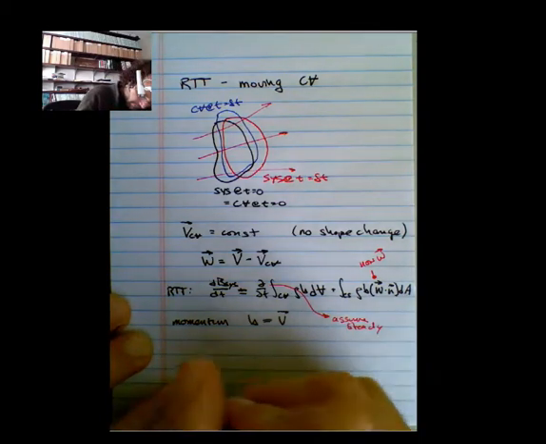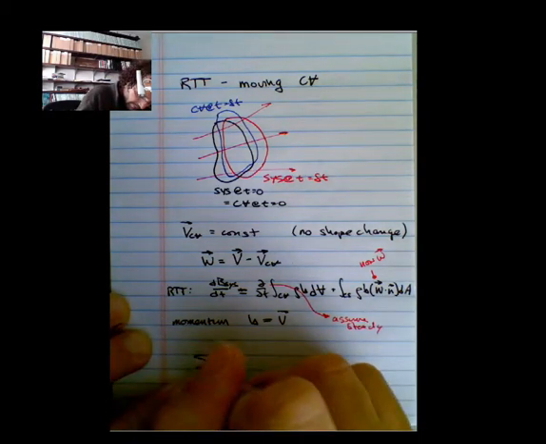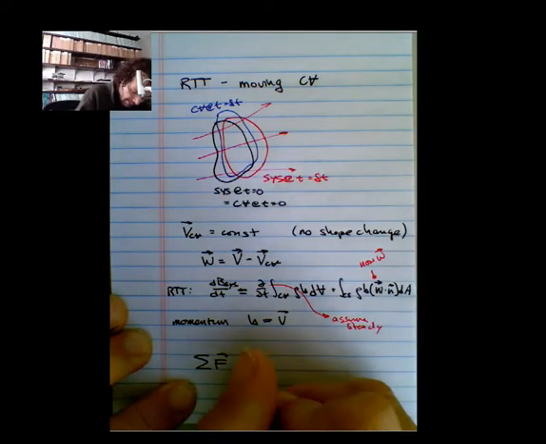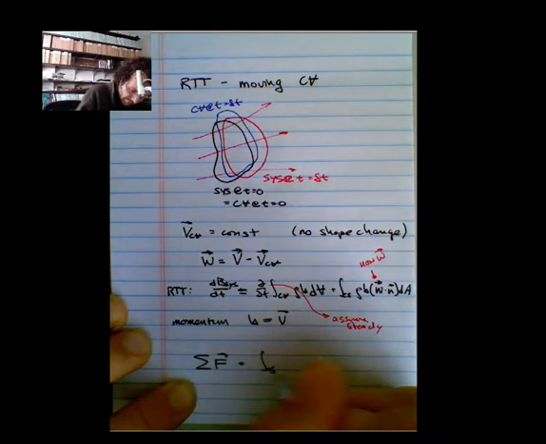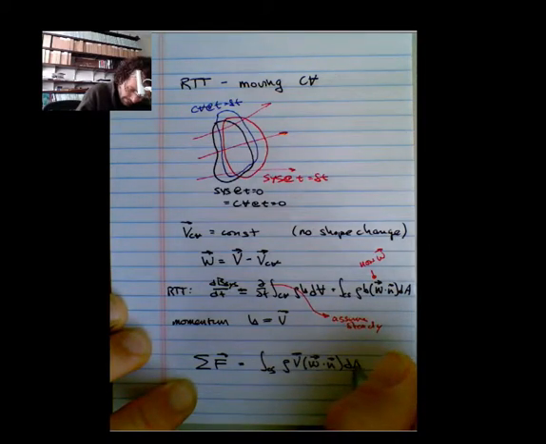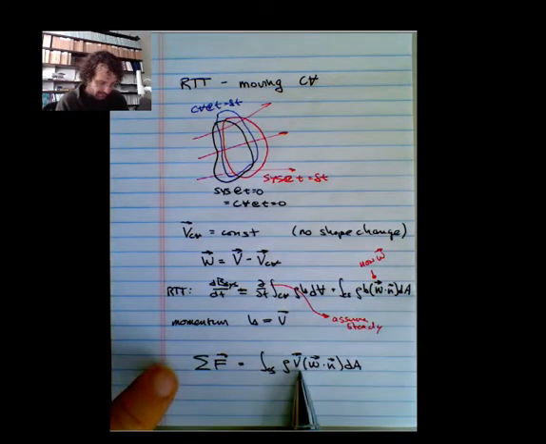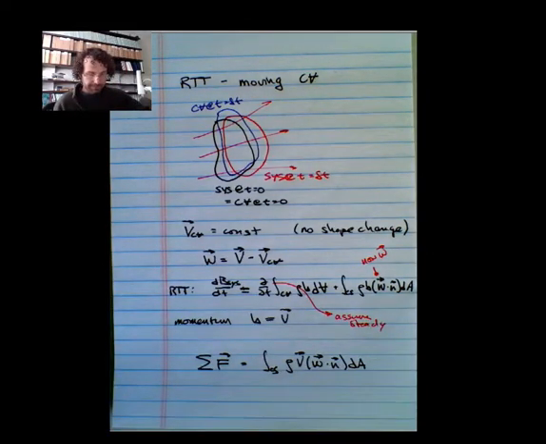So what's left? Well, you get sum of the forces. That's what the dB_sys/dt is. And that's equal to the integration over the control surface of rho velocity w dot n dA. So that's just going up to this expression, keeping the non-zero terms and putting in velocity for the B stuff.